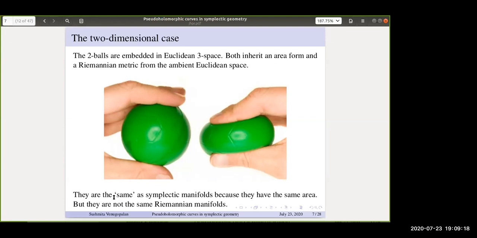You can construct an isomorphism between these two balls which preserves the symplectic form. But it's easily seen that they are not the same as Riemannian manifolds. For example, there are points on the right side ball which have negative curvature, whereas in the left side ball, all points have positive curvature. So you can't give a map from the left to the right which preserves the Riemannian metric.